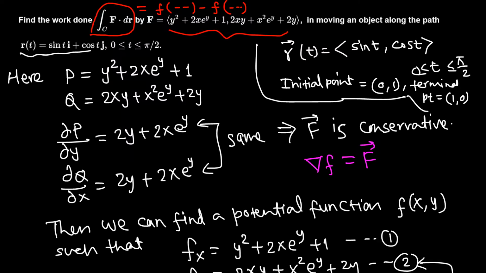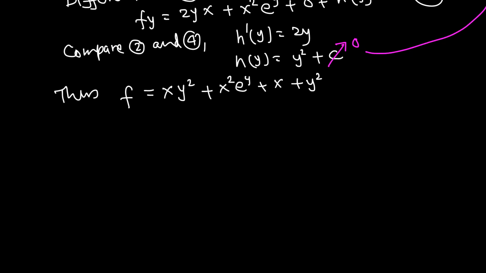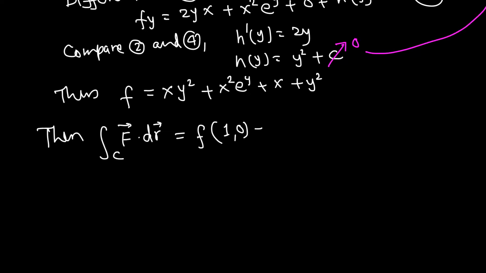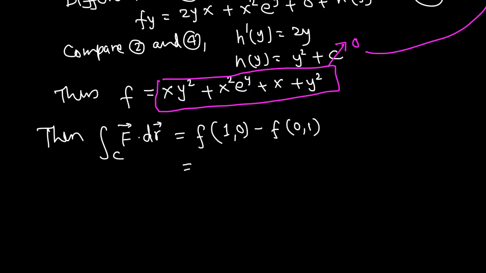So let me go down here. The work done moving along the path is equal to this potential function at the terminal point minus the initial point, (1, 0) and (0, 1). That is, evaluate this function at (1, 0). Here is the function, just plug in x equals 1, y equals 0.